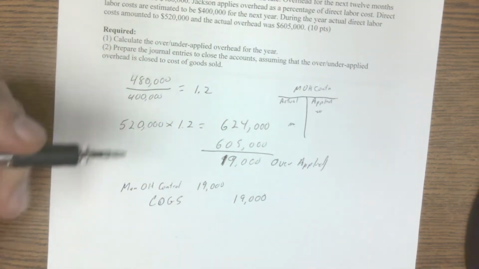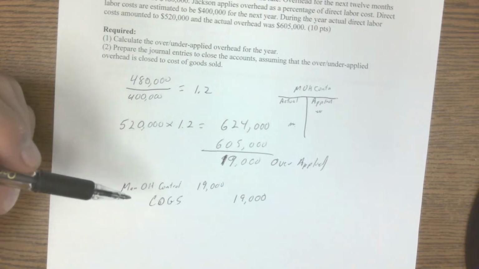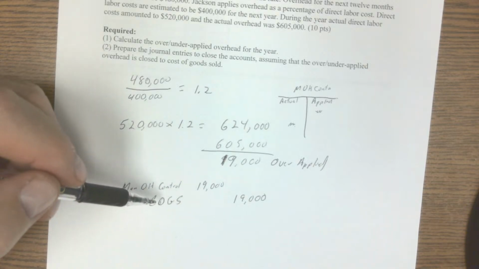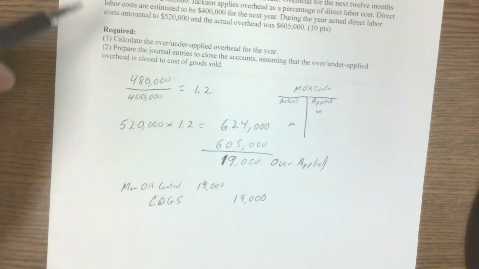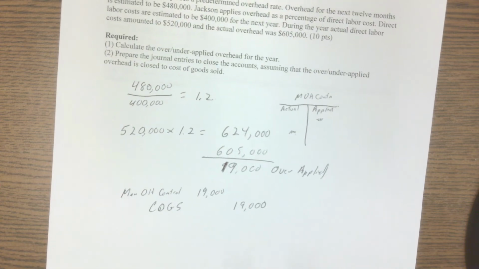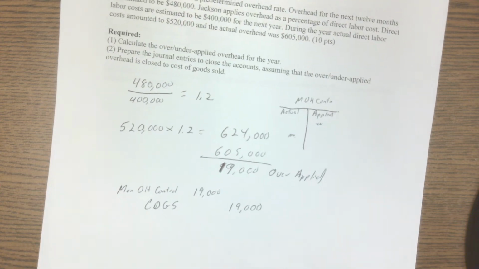Remembering that cost of goods sold is an expense. Expenses increase on the debit side, decrease on the credit side. And so we actually made 19,000 more than we thought we did. So that's always a nice thing to go tell your boss, right?